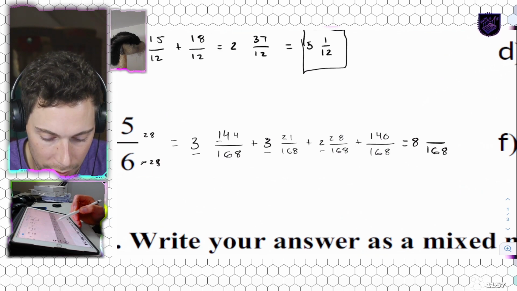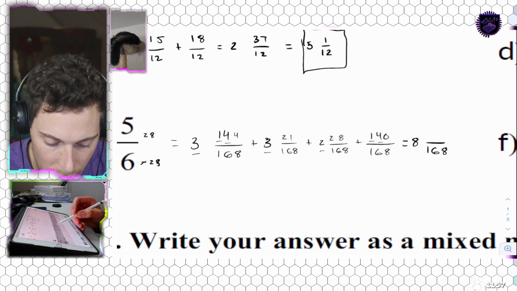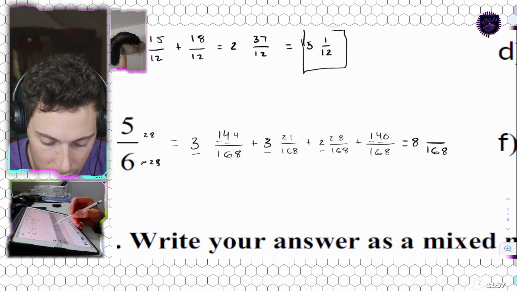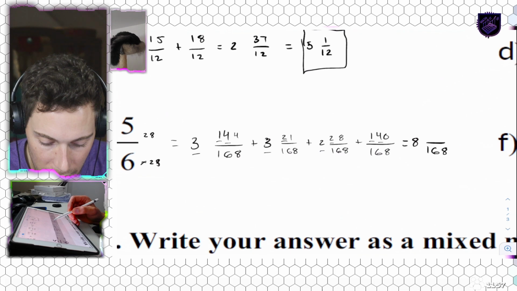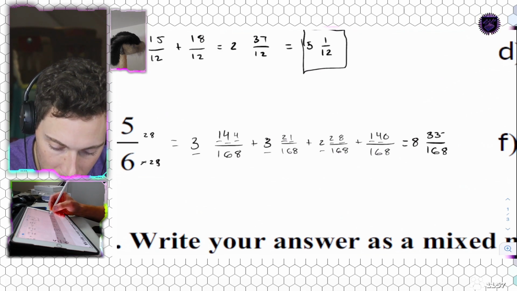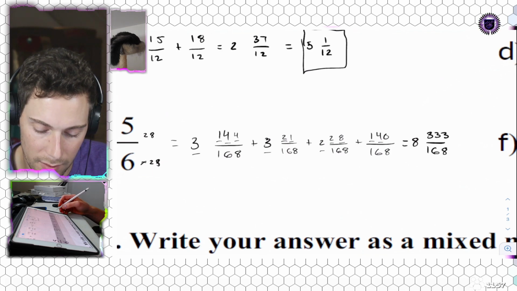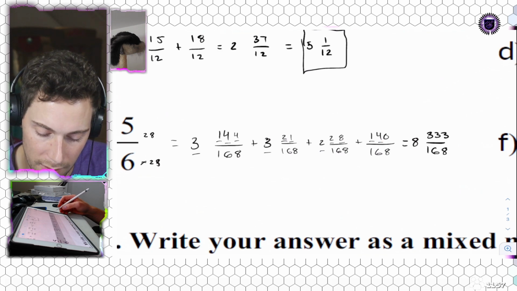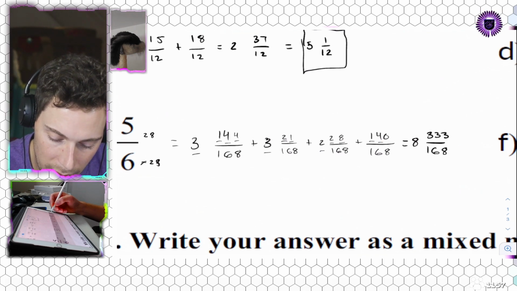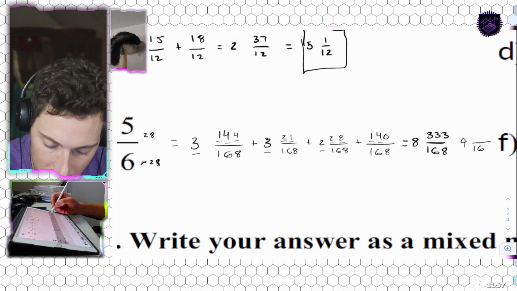So 100, 200, 240, 280, 300, 320, 321, 325, 333. 333 subtract 168. 60, no, yeah, only once. 333, so this is going to equal 9 and something over 168.